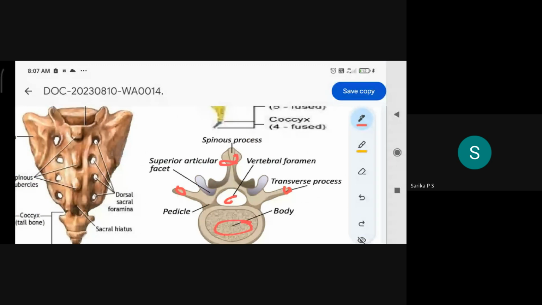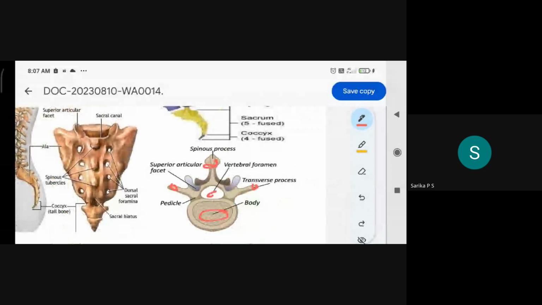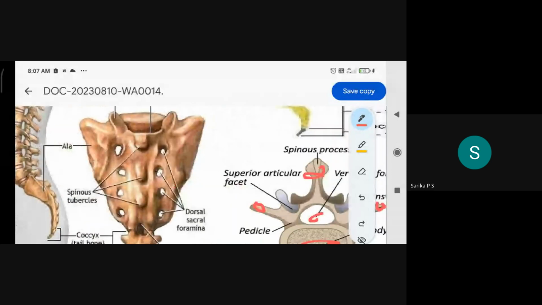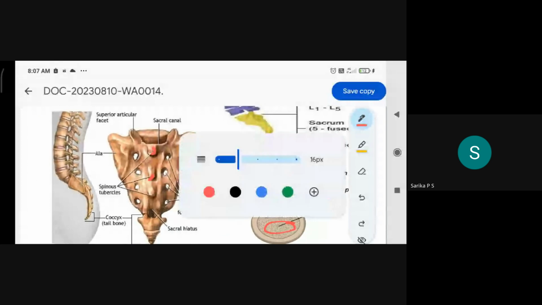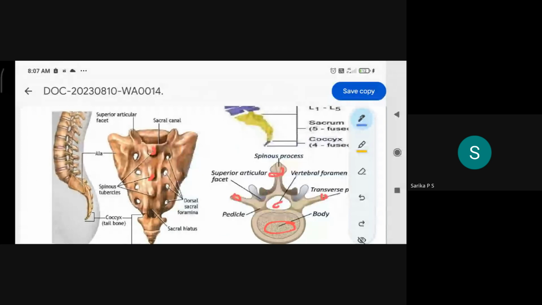So this is the spinous process, which you can see in this picture. It is fused here, right?